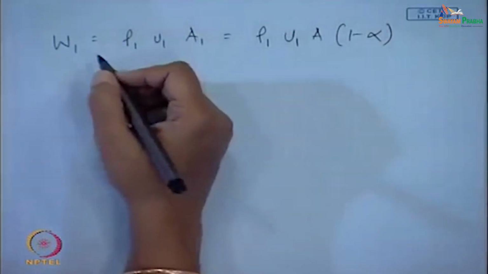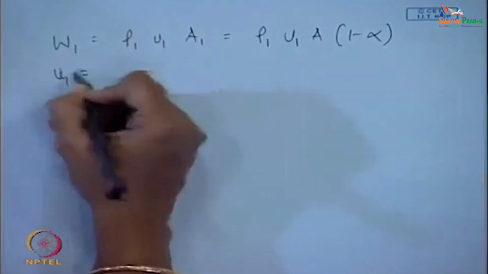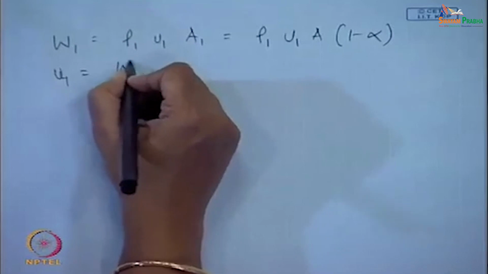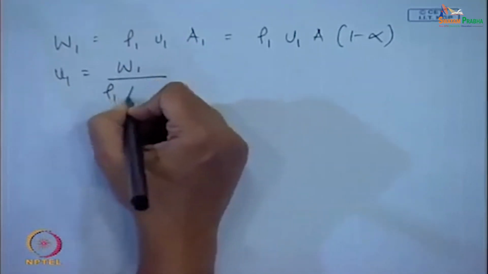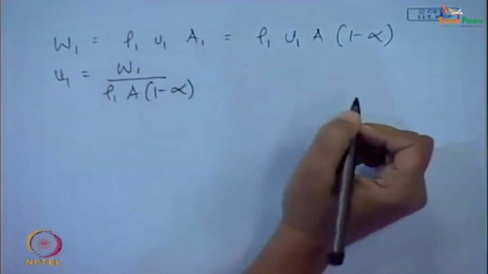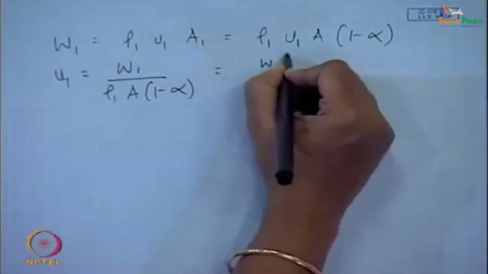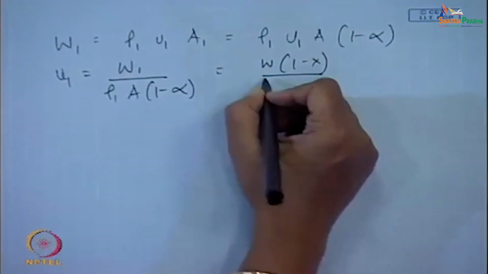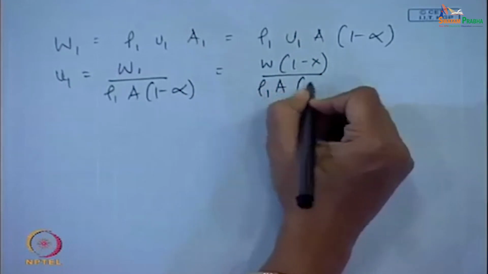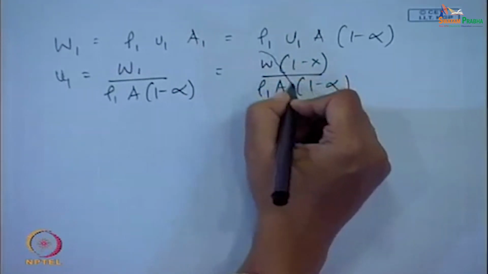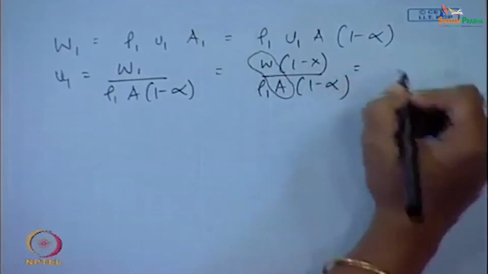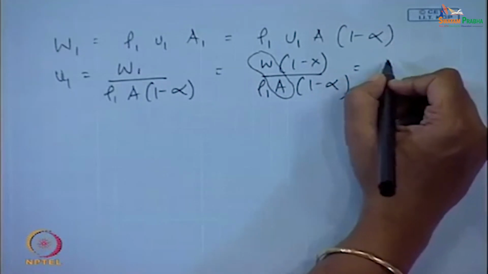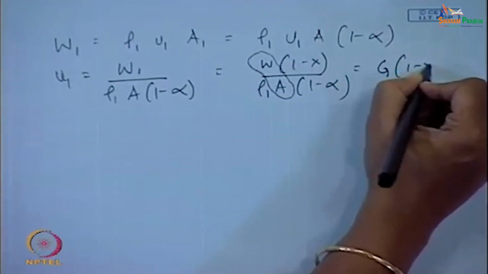Okay. So, from here we can get what U1 equals: it is nothing but W1 by rho 1 A into 1 minus alpha, or in other words W into 1 minus x by rho 1 A into 1 minus alpha. Now, we know this W by A is nothing but G. So, therefore, this is G into 1 minus x by rho 1 into 1 minus alpha.